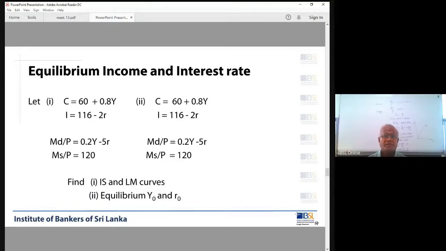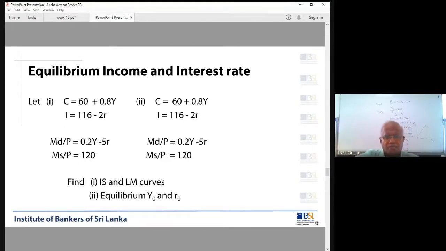Equilibrium interest rate. So I want you to calculate this. Now I have given both combinations, two questions, 1 and 2. First question: C and I are given, and the demand for money and supply of money. First you have to calculate the IS and LM curves, and the equilibrium income and interest rate. Second question: C and I are given, demand and supply money functions are given, calculate equilibrium Y and R. Understand?